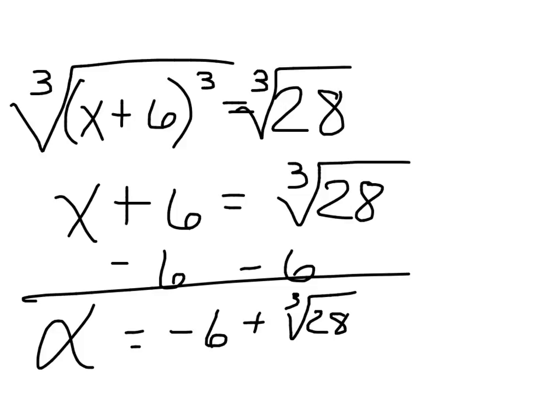Okay? So, when you type that in, what'd you guys get? I got negative 2.96. I got negative 3.04. Well, that's what I did. Option 4. Maybe I forgot the 28.